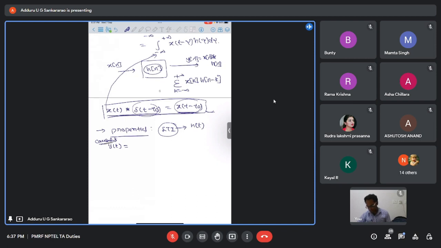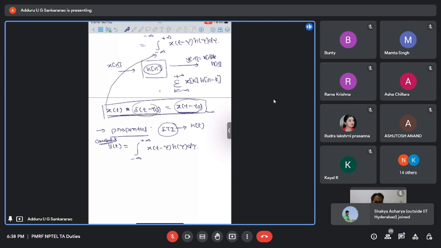If h of t is given, we'll check whether the system is causal or not. Now what is y of t of an LTI system? It is the integral from minus infinity to infinity of x of t minus tau, h of tau, d tau, right? Y of t is nothing but, for an LTI system, x of t convolved with h of t. So this is the convolution definition.